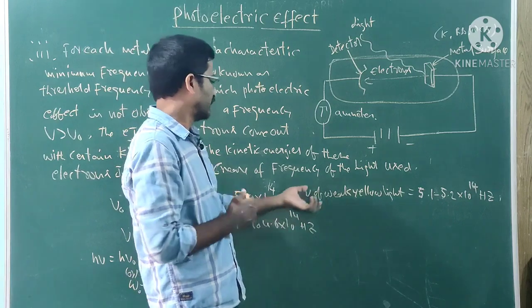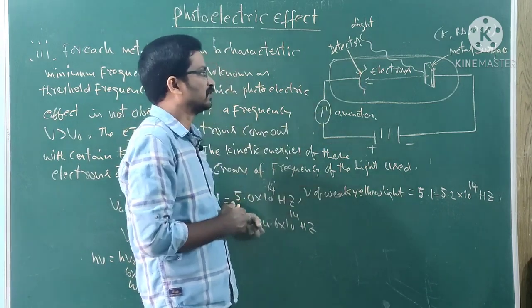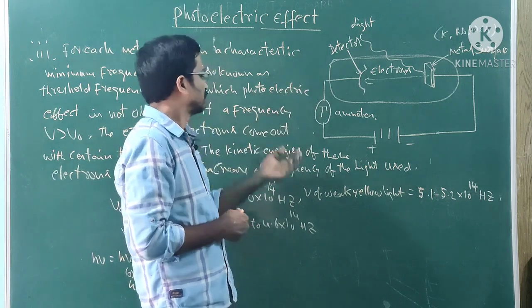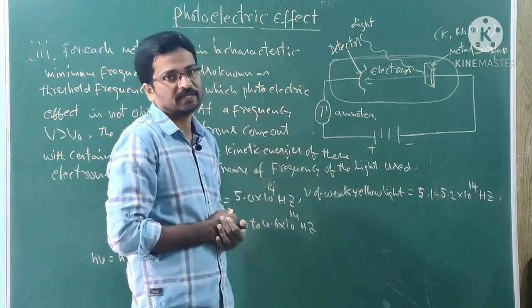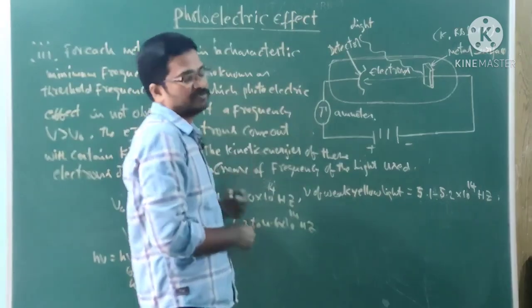The reason is that the kinetic energy of the ejected electrons depends on the light frequency. If the light frequency is very high, then the kinetic energy is very high.